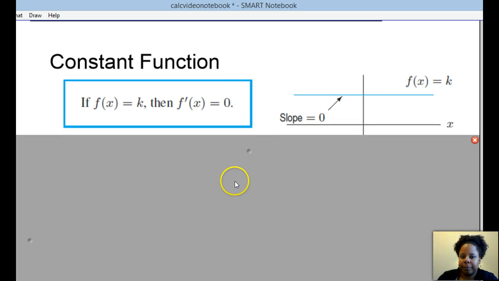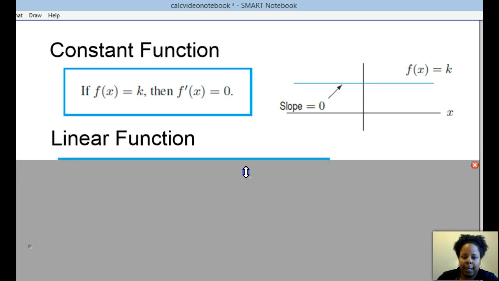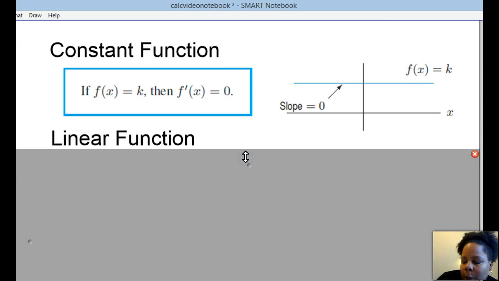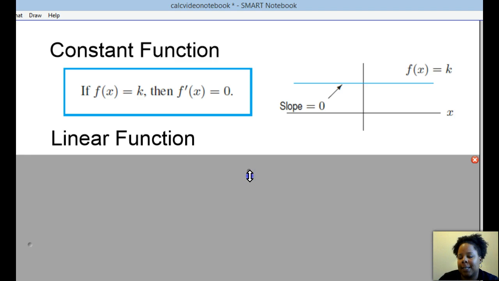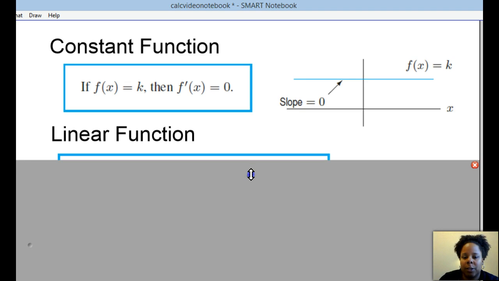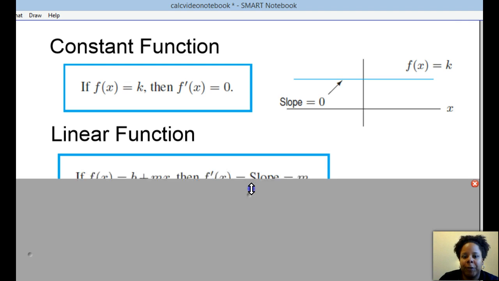If we take a look at a linear function where the slope is constant, then the slope of the tangent line at each of the points is going to be the same value, since a linear function has constant slope. So it just means that the derivative function will be the same as the slope value.